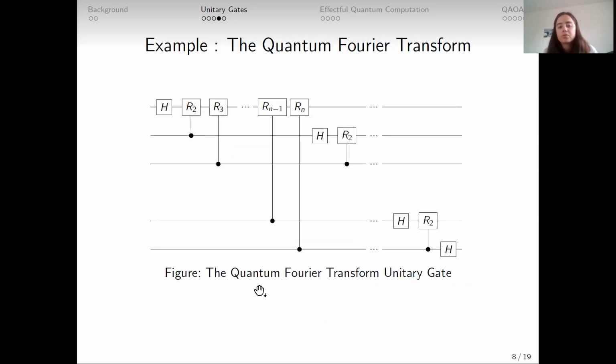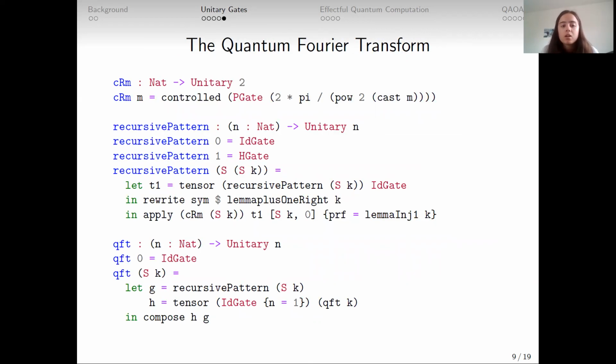And we can use all of this with a small example, which is the quantum Fourier transform. It has a non-trivial recursive pattern, but actually the code is not very long, and it's like a normal recursive function. So here we are using all the small functions defined before, like rewrite, compose, tensor, to build recursively the pattern and then build the whole circuit.